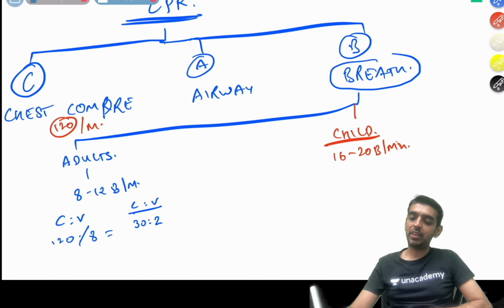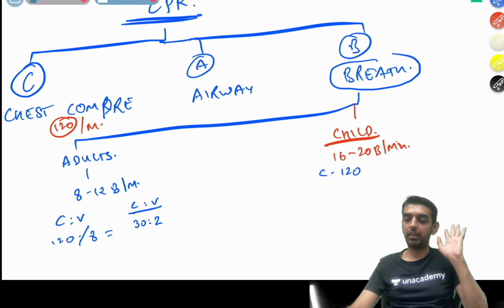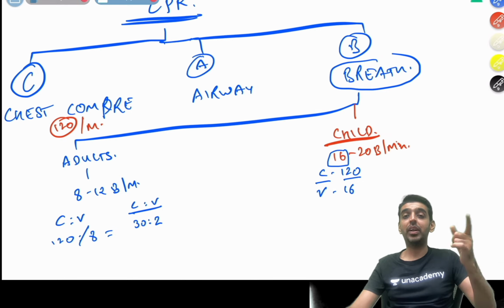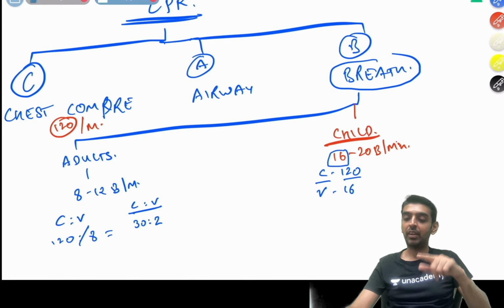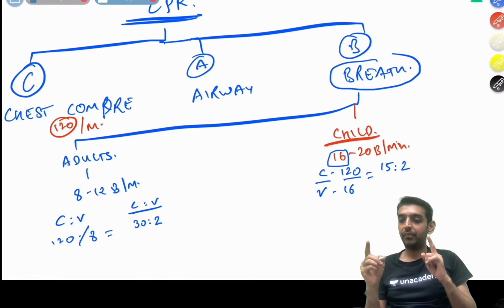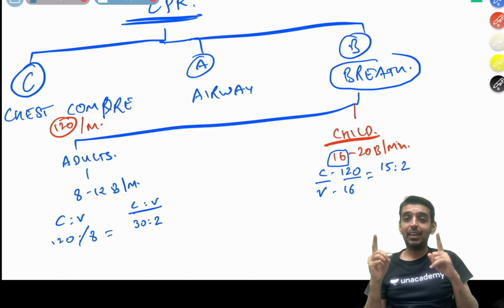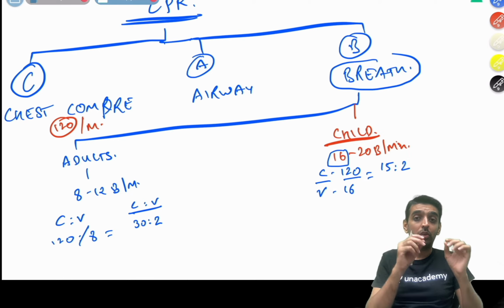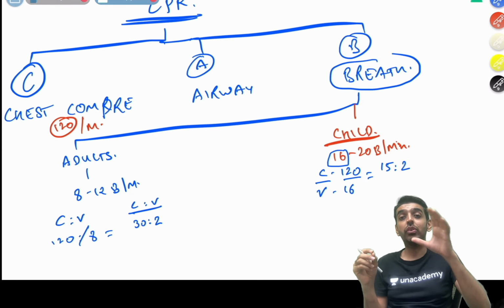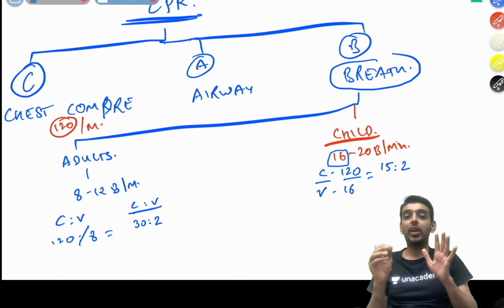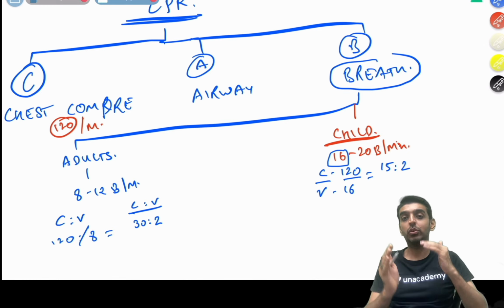Now come to the child. How much are the chest compressions? It is the same, 120 per minute. What is the ventilation or breaths that we are giving here? It is 16. So the CV ratio is how much? 120 divided by 16. How much is it? 15:2. Got it? Understand? So the CV ratio in a child is 15:2, whereas the CV ratio in adults is 30:2.